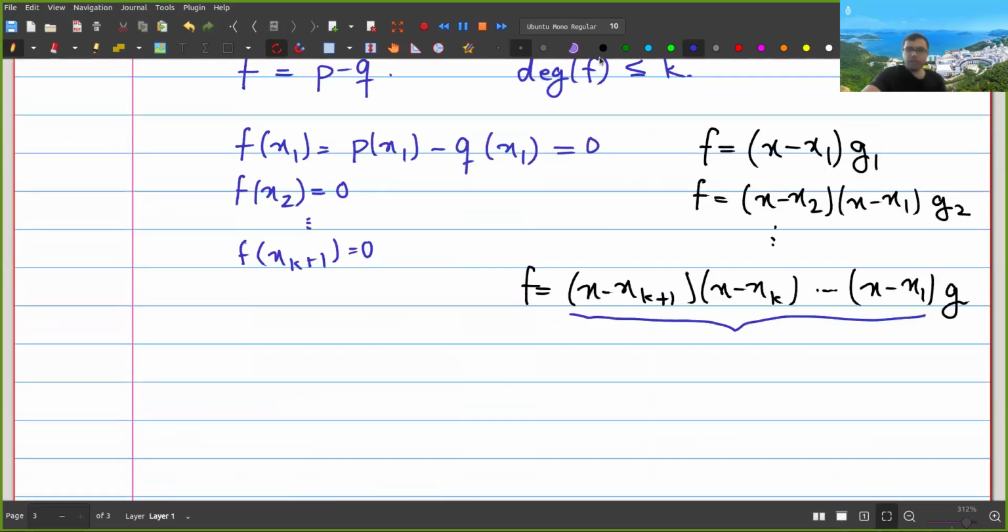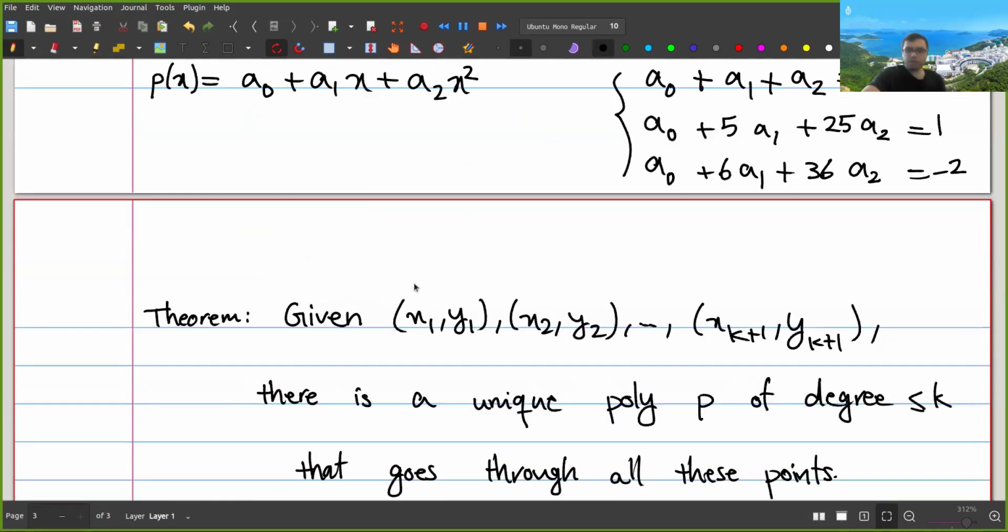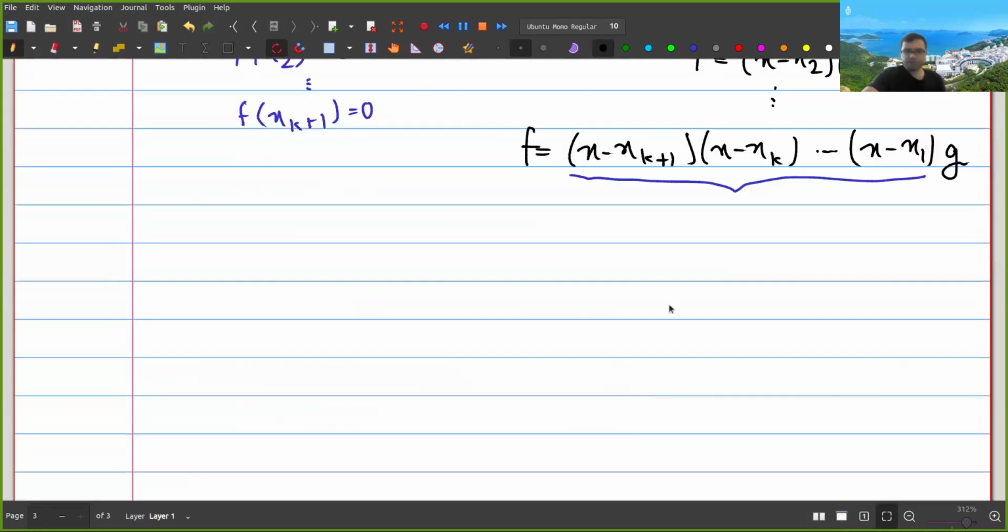Now, how do we find a polynomial that goes through these points? So again, suppose that someone has given me these k plus 1 points. How do I find a polynomial that actually goes through this? And this is what we call Lagrangian interpolation.